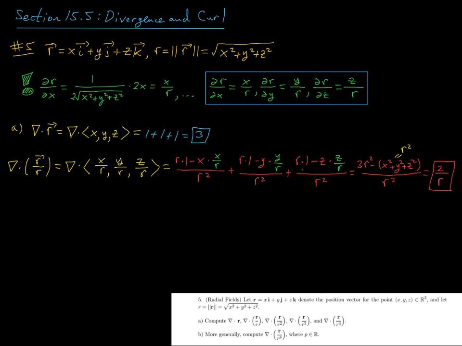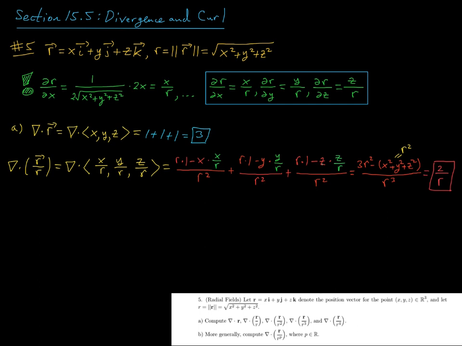Okay, and so now to simplify this, first I'm going to, in each fraction, multiply top and bottom by r just to clear out this division by r here. So that's going to give me r squared minus just x squared upstairs, and then I'm going to get an r cubed down here. And then likewise, I get r squared minus y squared over r cubed, and then r squared minus z squared over r cubed.